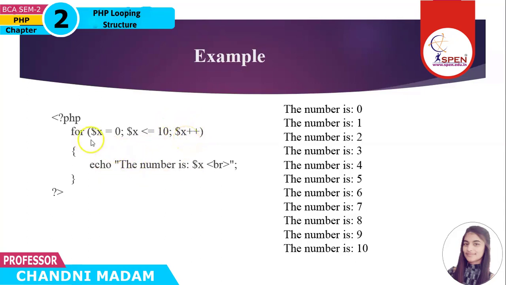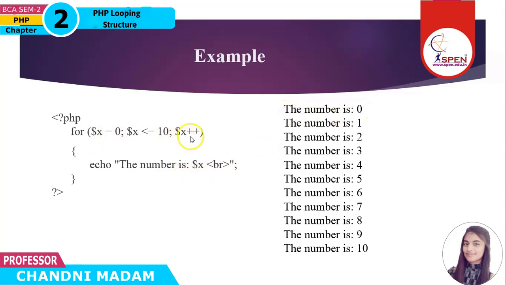So let us see it step by step. $x equals 0, so the condition 0 less than or equal to 10 is true, so it goes into the loop. The number is $x, so $x here is 0. It prints the number is 0.